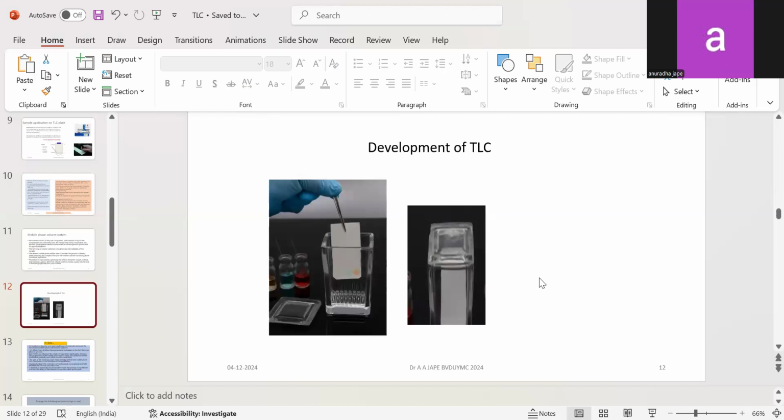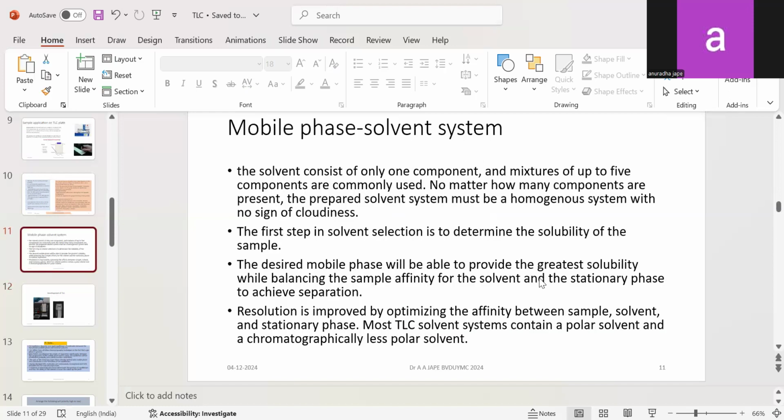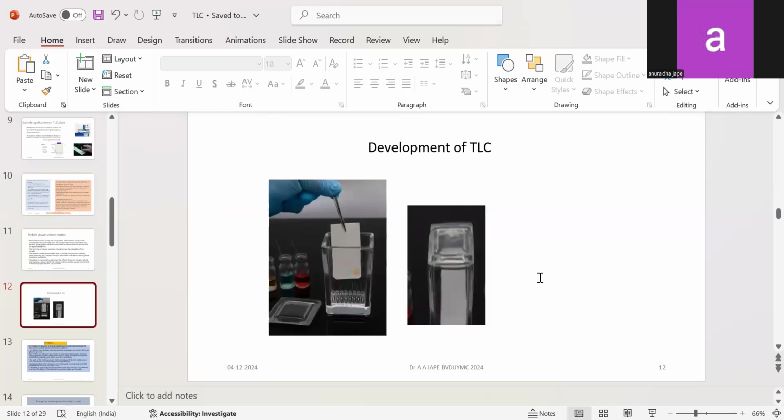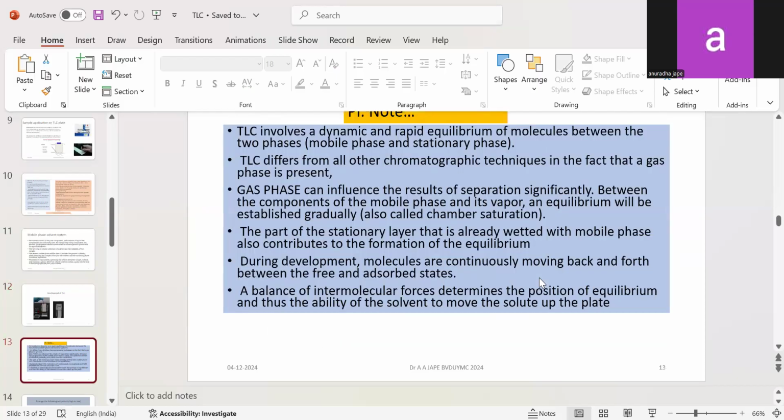So, going to the next part of the TLC, to summarize the mobile phase solvent system, the solvent consists of a mixture of solvents that you have to choose, which will be stable, which is going to have a good partitioning effect. A good partition coefficient would be generated.